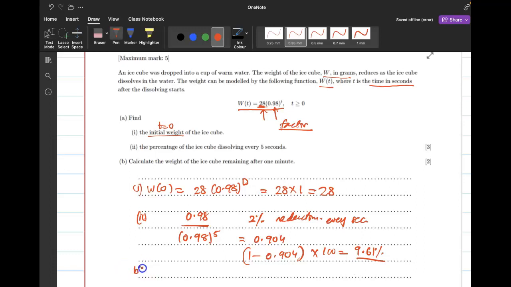B, calculate the weight of the ice remaining after 1 minute. Now this is very important. This model is in seconds. So 1 minute is 60 seconds. So basically you put your time as 60. Remember, this model takes time in seconds.